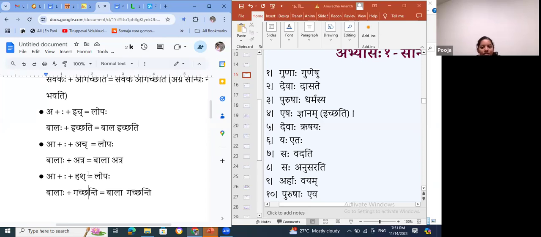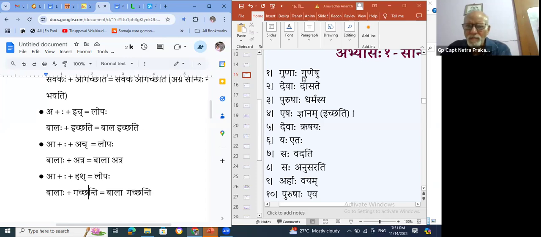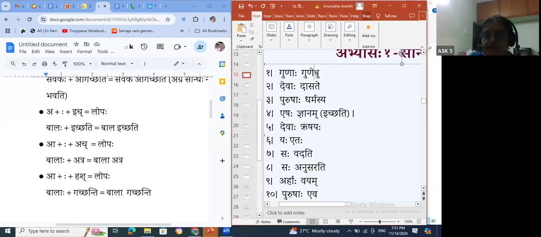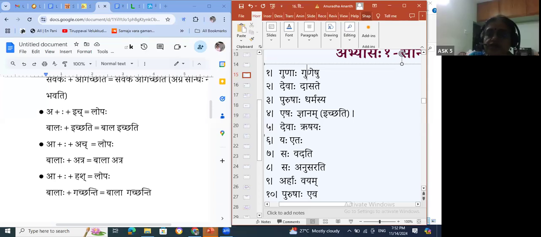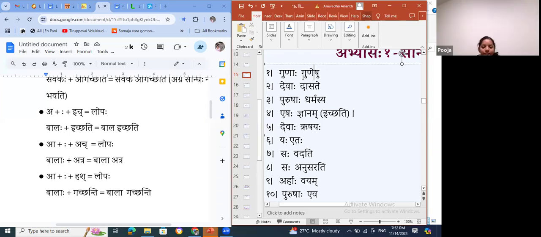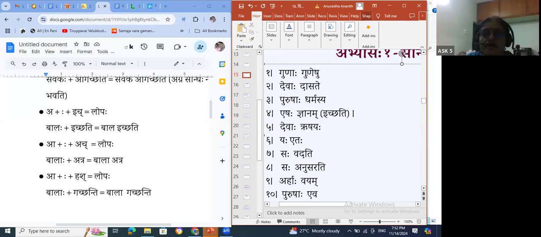Is guneshu the answer or what is it? No, here we must do sandhi. We are to do visarga sandhi between the words gunaha and guneshu. As per the visarga sandhi between the words, because the first word is ending with a, and the beginning of the next word is g, and g is a mridu vyanjana, so lopaha happens.